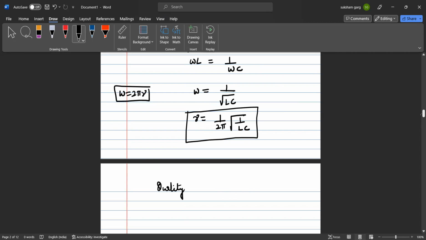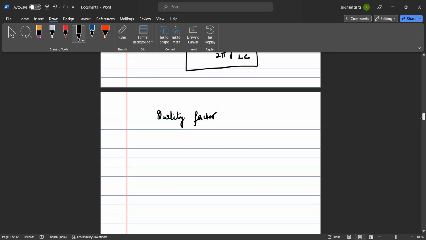When you tune your FM radio, if some channel is supposed to play at 108 frequency, before that you'll start to hear some kind of sound like rrr, and after that also. Same is the case with AC current, since it has a frequency. So if I plot the graph between current and frequency, and I get a kind of band, that means this signal is poor in quality. But if I get a very, very sharp signal, that means it is a good quality signal.